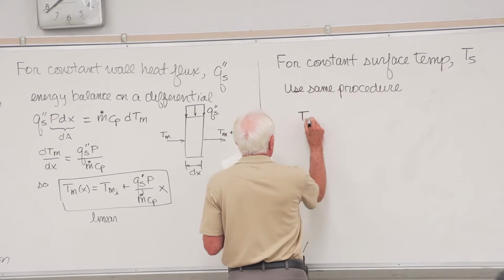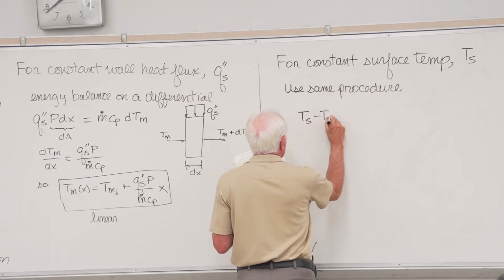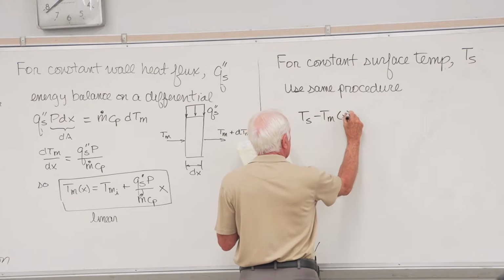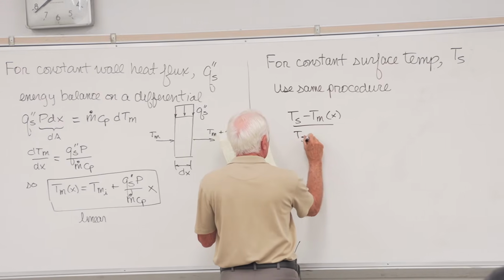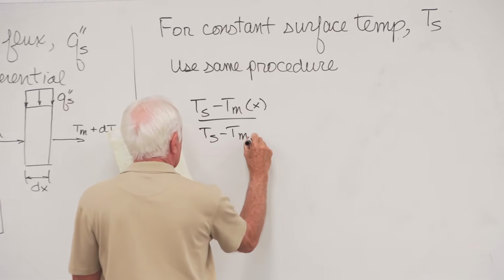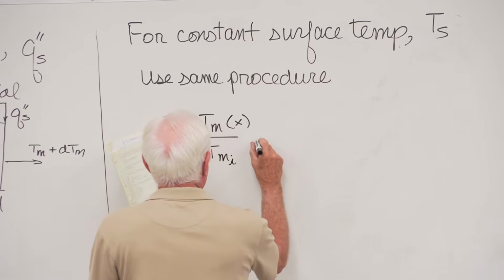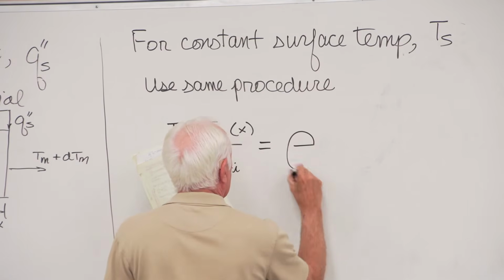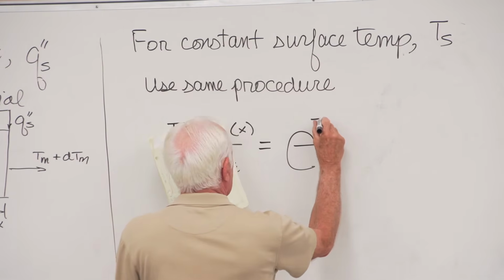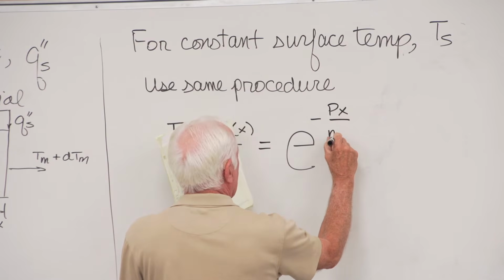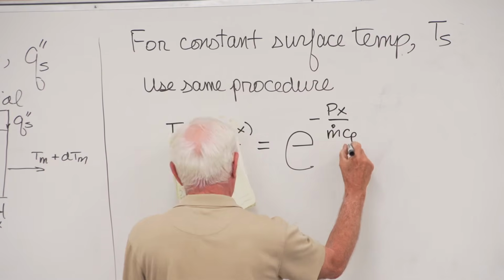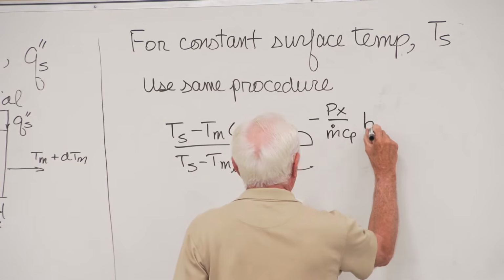Ts minus Tm as a function of x divided by Ts minus Tmi equals exponential of minus P x over m dot Cp times h.